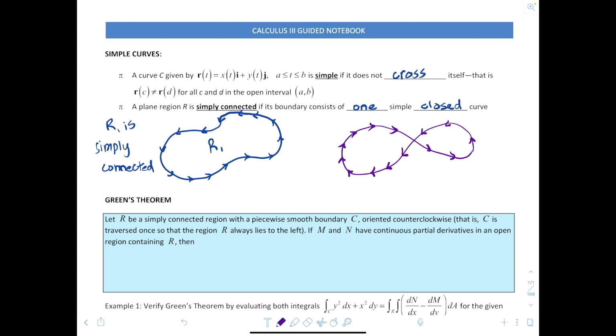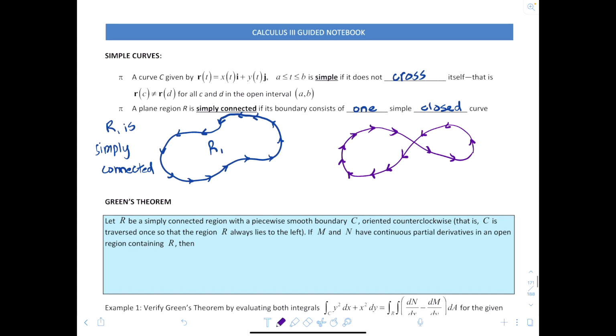So this here, region 2, is not simply connected. And that's because of this point right here, okay?